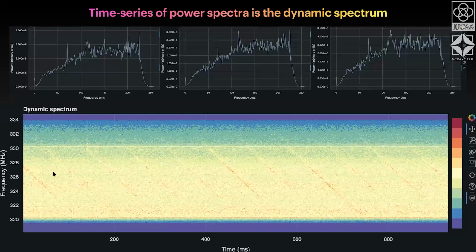So if you plot time on the bottom axis, increasing towards the right, and frequency increasing towards the top on the y-axis, you'll see that there are streaks that start from the bottom, lower frequencies, and go to higher frequencies as the time increases. This means that the frequencies are actually flipped. This is a problem with the data itself. So as long as you manually flip the axis of the frequency, you're good.